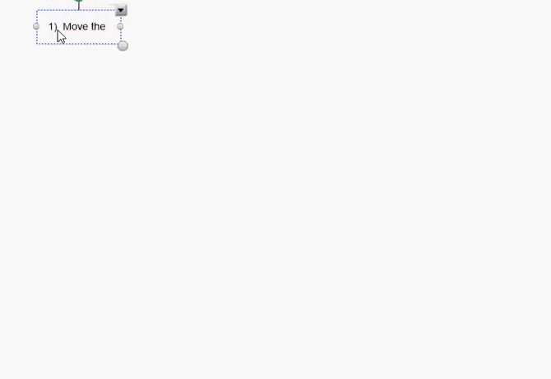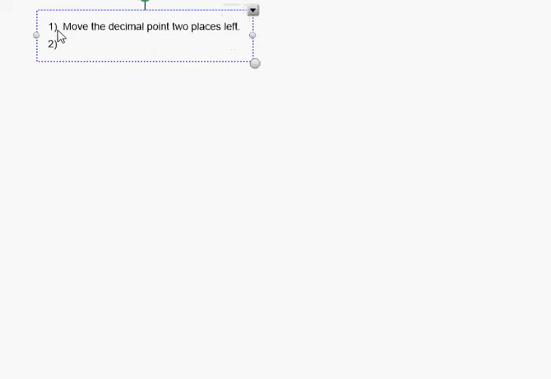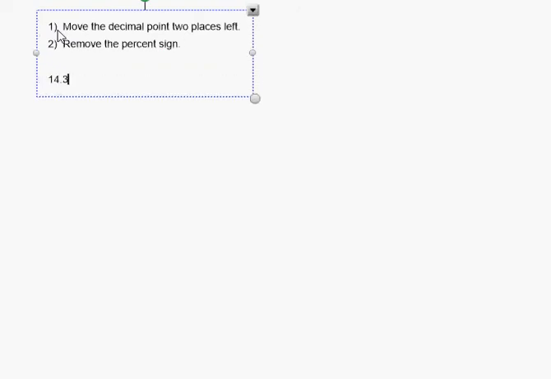Move the decimal point 2 places left. Remove the percent sign. So if we start with 14.36%, that becomes 0.1436.